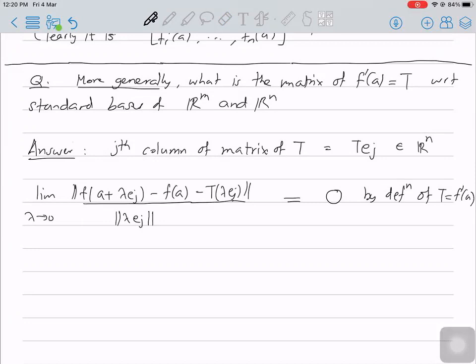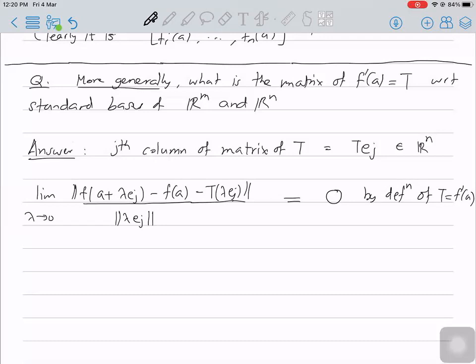Okay, so let's just look at this and see what it gives me. It's a pretty simple thing now. All that I have done over here is that in the definition of the derivative, I have plugged in h to be lambda times ej.